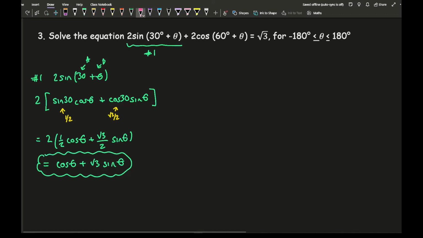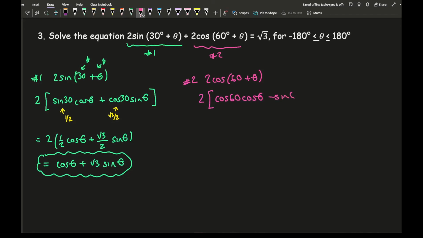Now in terms of the second, so this bit here, let's call that hashtag 2. I've got 2 cos (60 plus theta). Again, I'm going to ignore the 2 to start off with, and then use the double angle in terms of this. So we know that we've got cos 60 cos theta minus sine 60 sine theta.